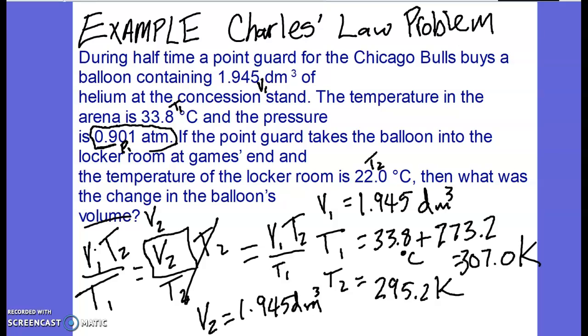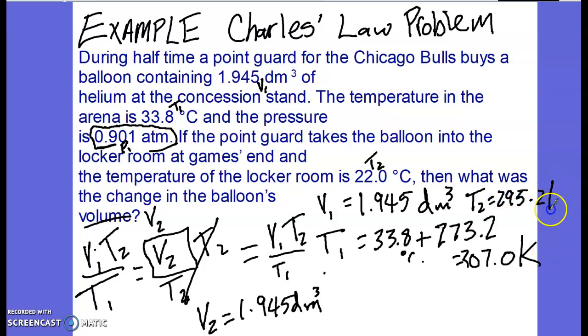Okay, I'm going to give myself a little bit more room here. T2 is 295.2 Kelvin.